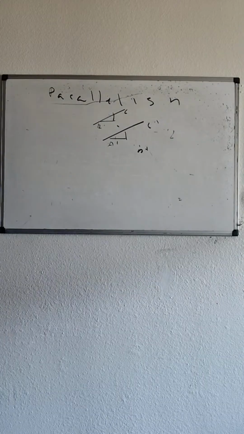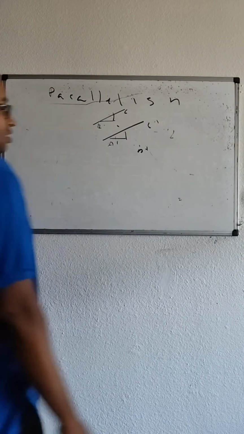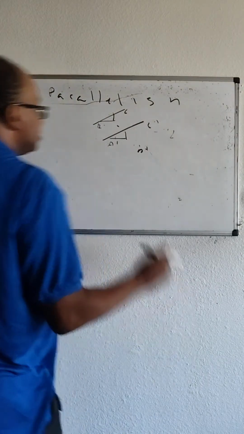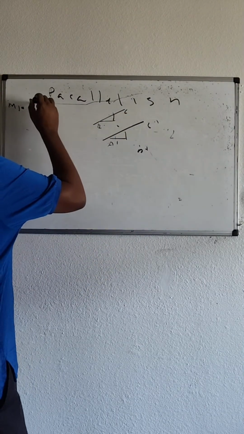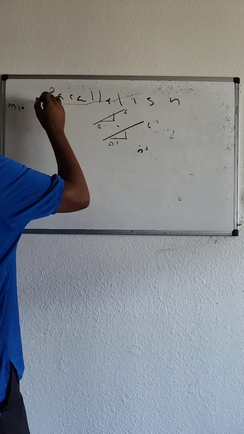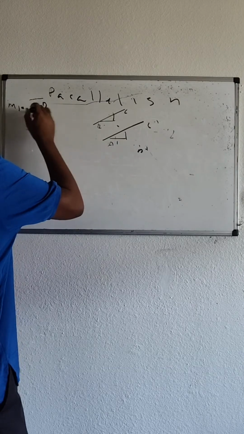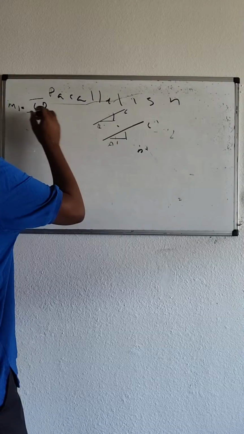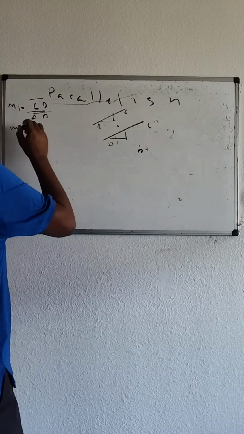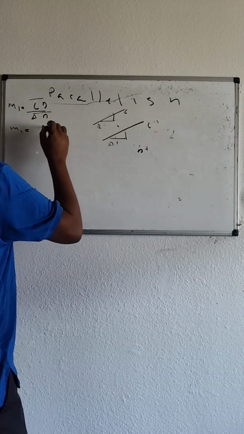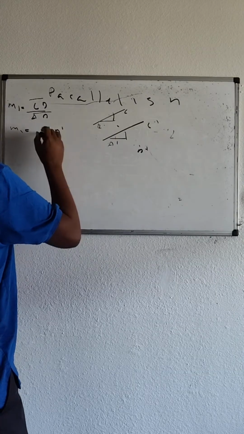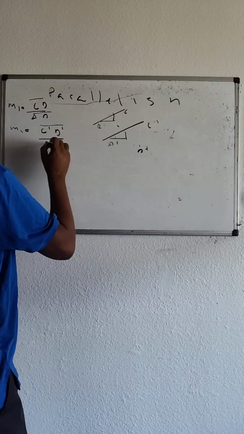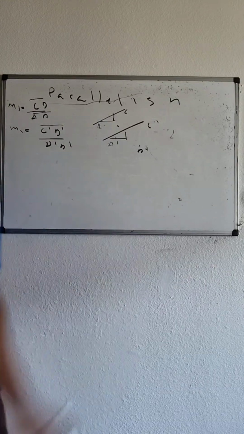All right? So we want to use CB over AB. M2 is going to equal C prime B prime over A prime B prime.